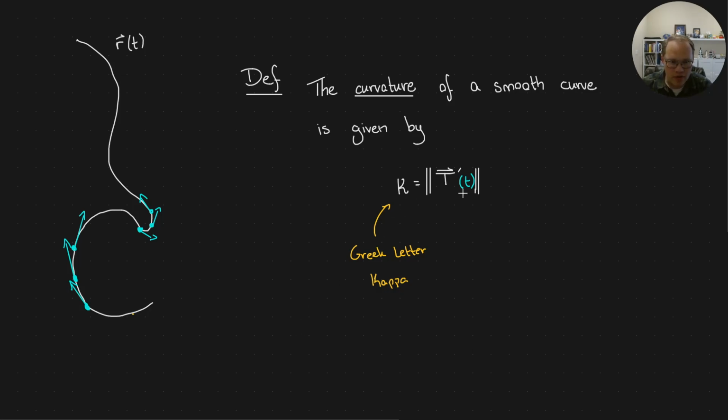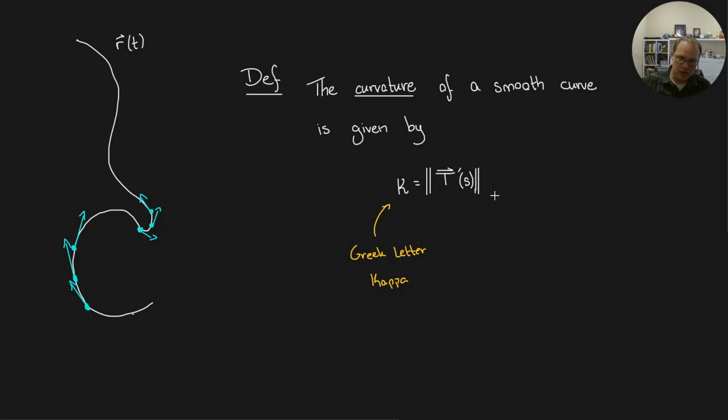Okay, so rather than dealing with an arbitrary parameter t, let's have a standardized parameter. And this is where what we just talked about before comes into play. We're going to define the curvature as the magnitude of the rate of change of the unit tangent vector with respect to the arc length parameter s.